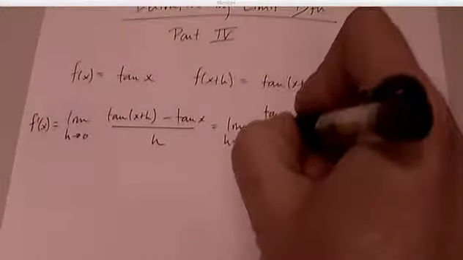Now, that's a complex fraction. I'm going to have to multiply through by 1 minus tangent x tangent h. Let's just assume that I've put that over there because I don't really have room and I don't feel like rewriting it. So we have tangent x plus tangent h, which is the numerator right here, right? And we'll put that in parentheses just for the purposes of marking it off.